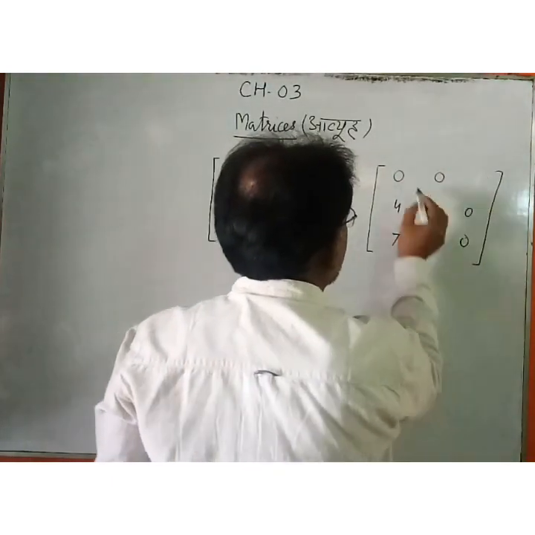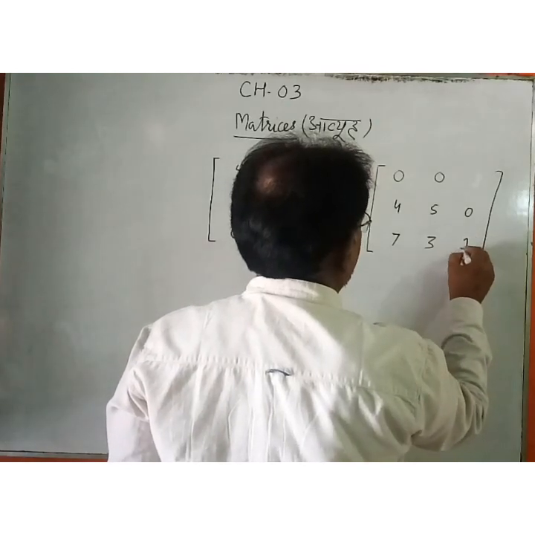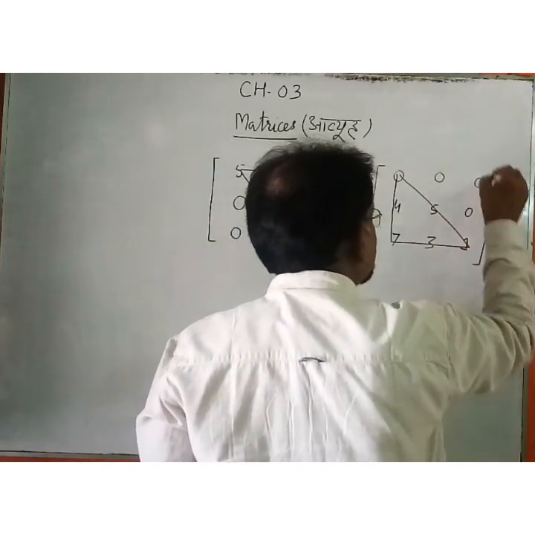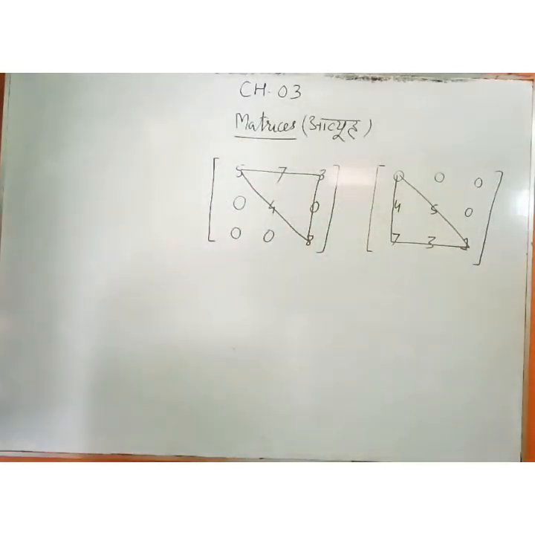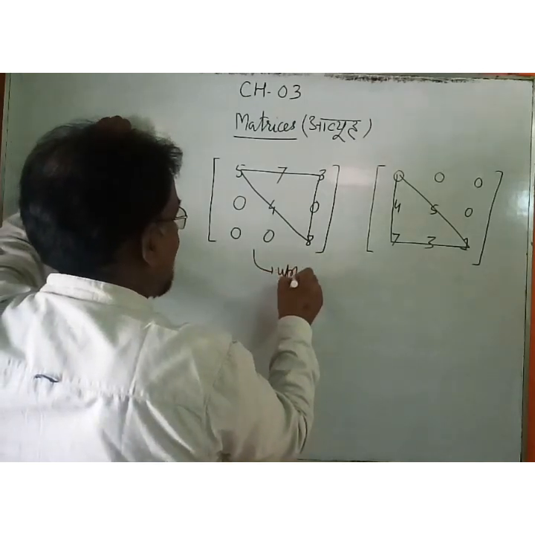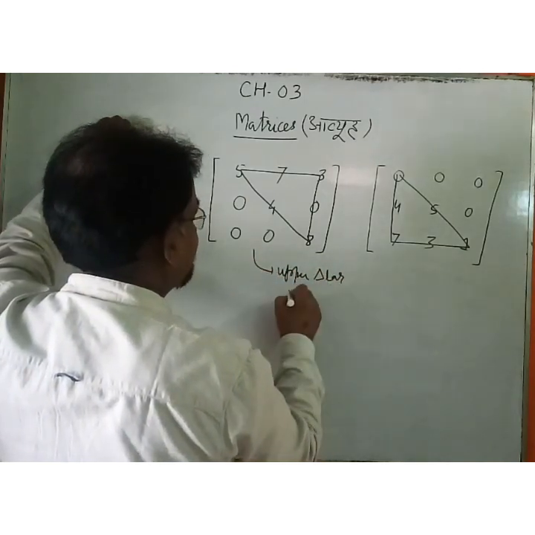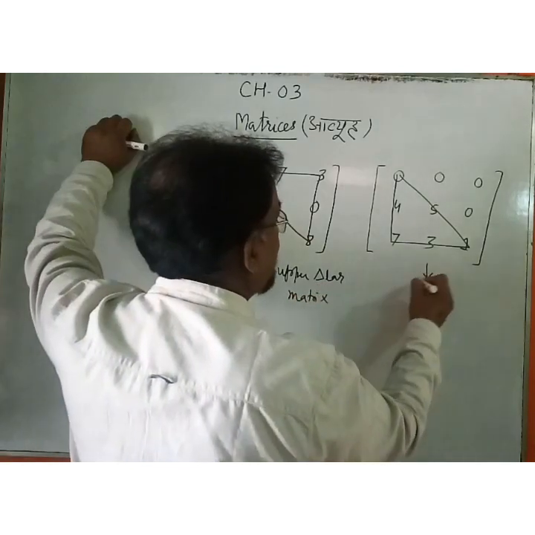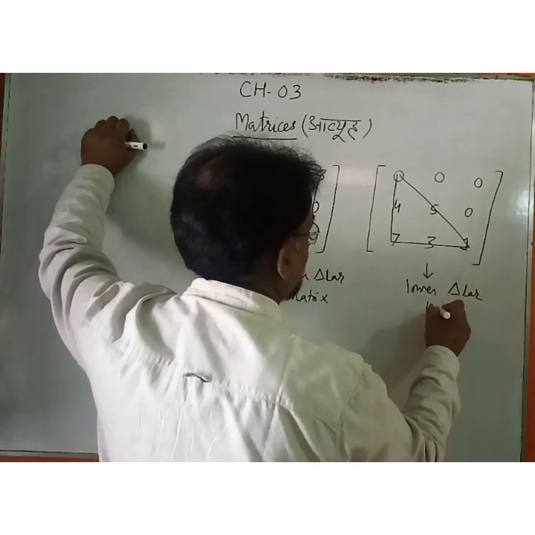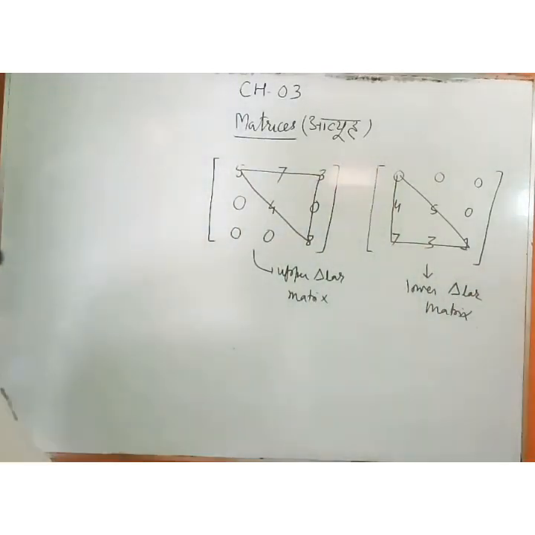Similarly, in this case, you can see that this triangle is formed and the rest of the members are 0. So we denote them as triangular matrices. This is the upper triangular matrix, and this is the lower triangular matrix. So two kinds of triangular matrices may be there: upper triangular and lower triangular.